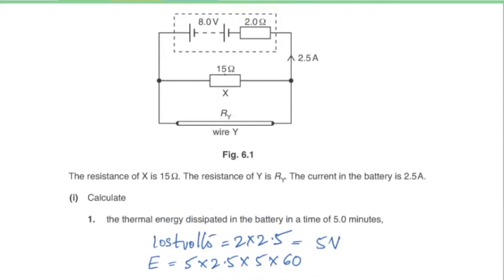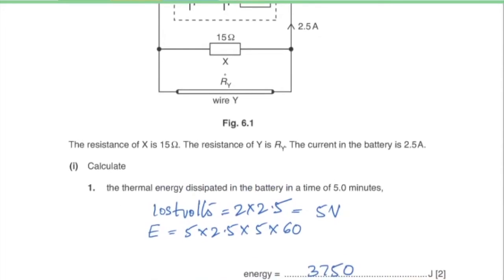So the PD across resistor X is going to be 15 ohms into the current across it. Let's suppose that X amperes of current enters this loop and the remaining continues to flow across Y, out of 2.5 amperes in total.